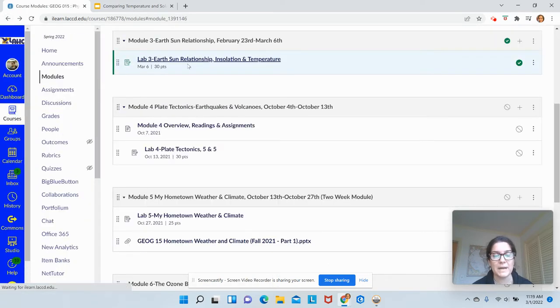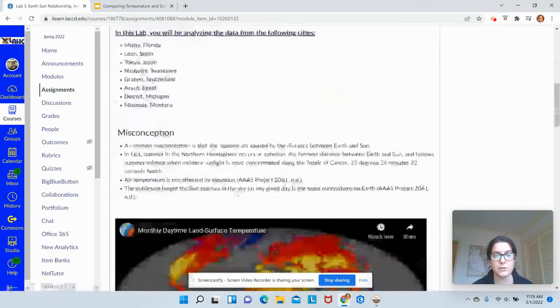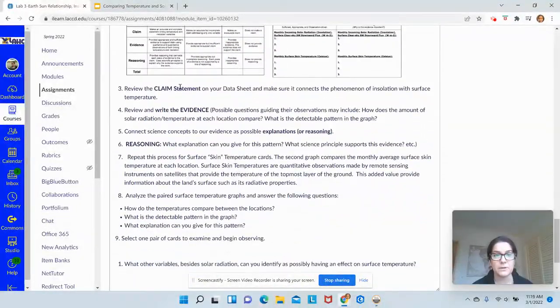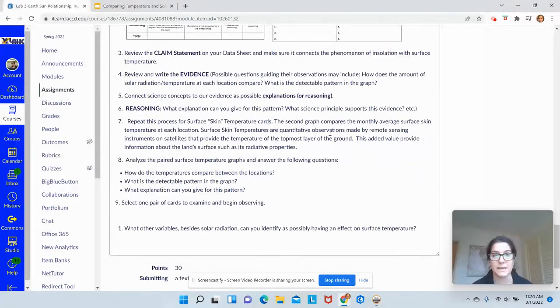Now, when we go back to this lab, you are also going to be scrolling down and analyzing. So you're going to review the claim statement and your data sheet. Review and write the evidence. So we've already gone over that. Connect science concepts to your evidence and your reasoning.